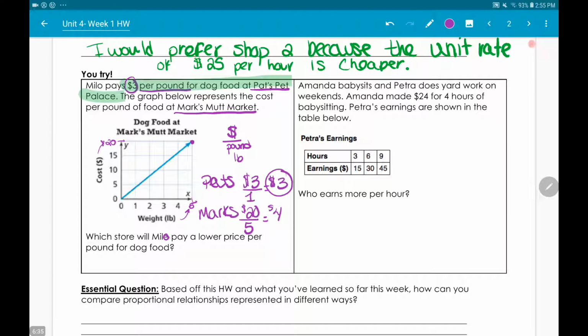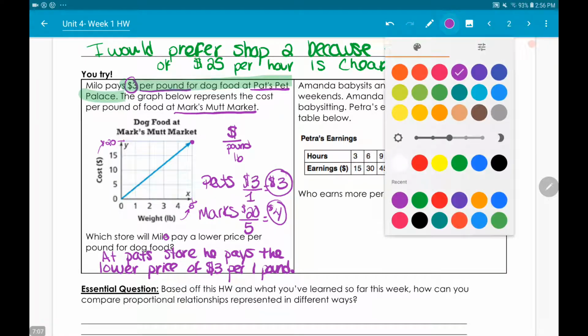And that gets me $4 per pound. Okay, so what store would Milo pay a lower price? At Pat's store, he pays the lower price of $3 per 1 pound.